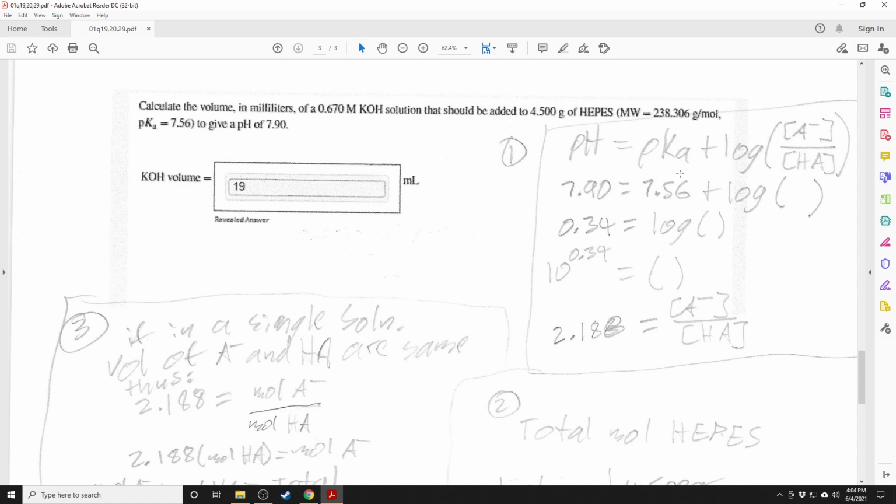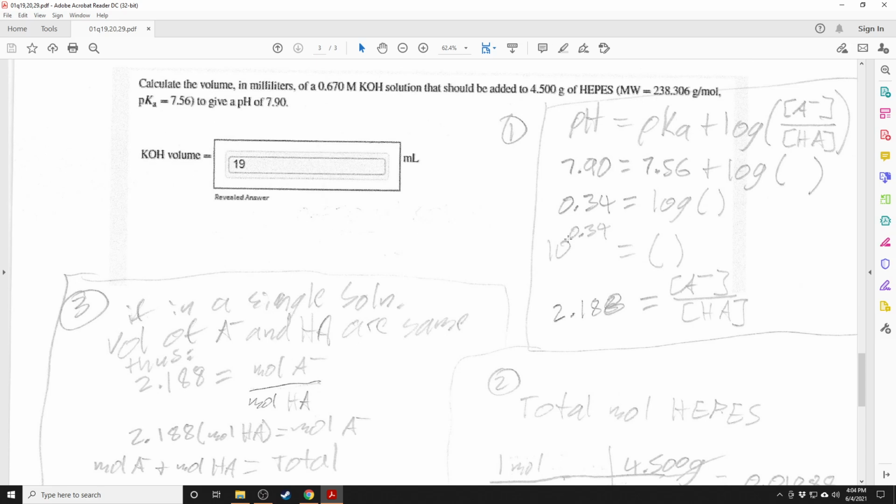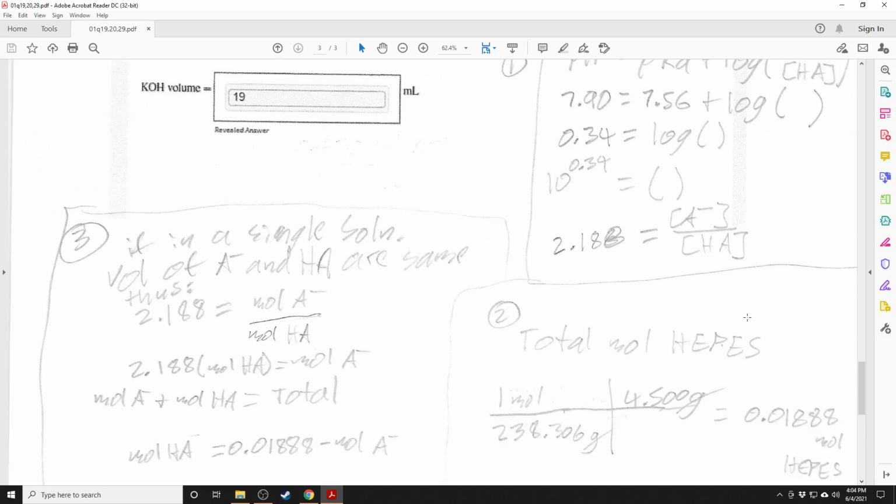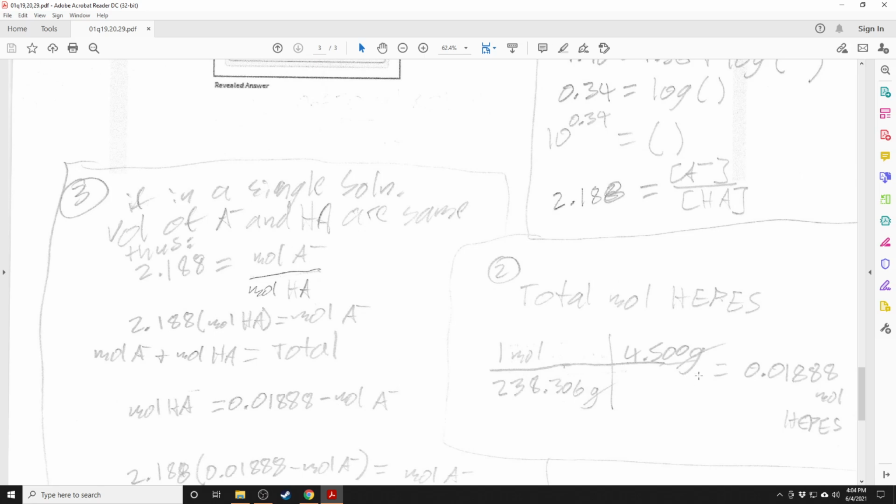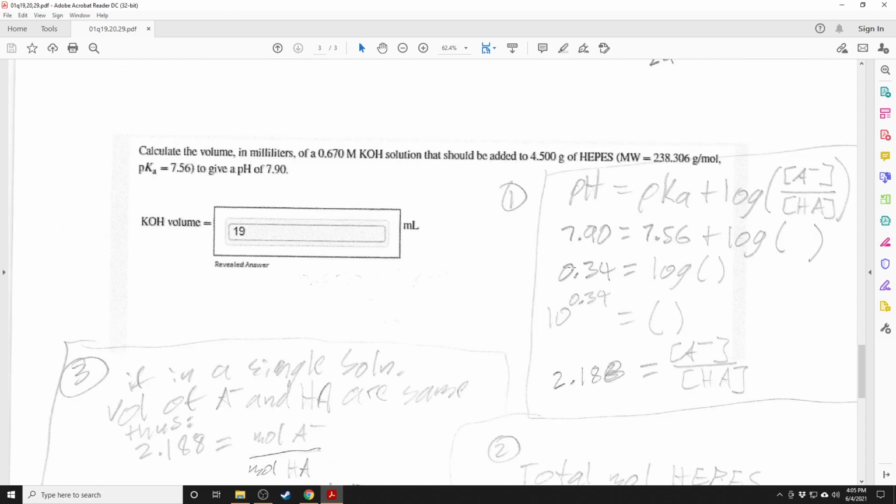So again, Henderson-Hasselbalch, I have my numbers here for a Henderson-Hasselbalch buffer system. This is a buffer, by the way. And I go ahead and solve that. So I get 2.188 as my A minus over HA. I'm going to go ahead and set things up to get it all ready to solve. So I look at my HEPES. I want something to do with KOH.